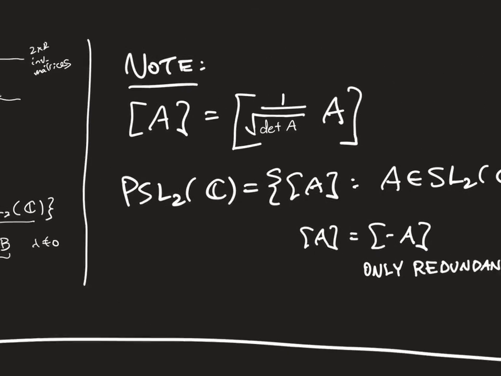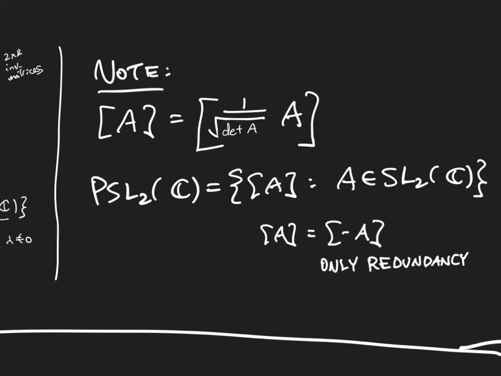So why is it PSL2C and not PGL2C? Well, each A is equivalent to this matrix here, where we renormalize it so that it has determinant equal to 1. And so PSL2C is actually equal to the set of all A's in SL2C.